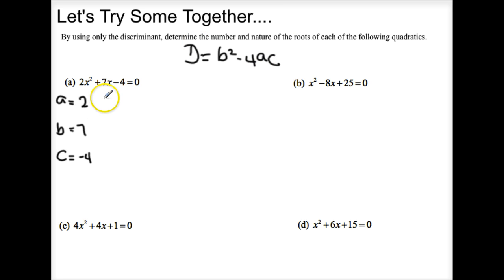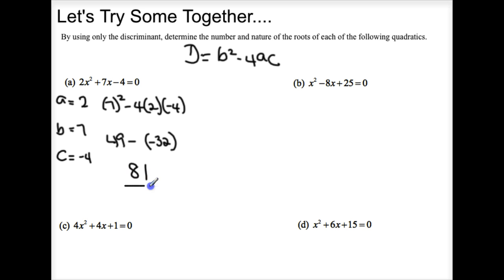So it becomes 7 squared minus 4 times 2 times negative 4. This becomes 49 take away negative 32, which becomes 81. So my discriminant is 81. I know if I take the square root of 81, I will get 9.